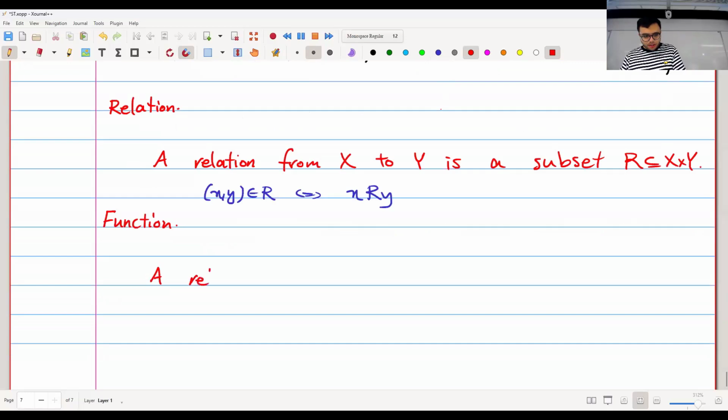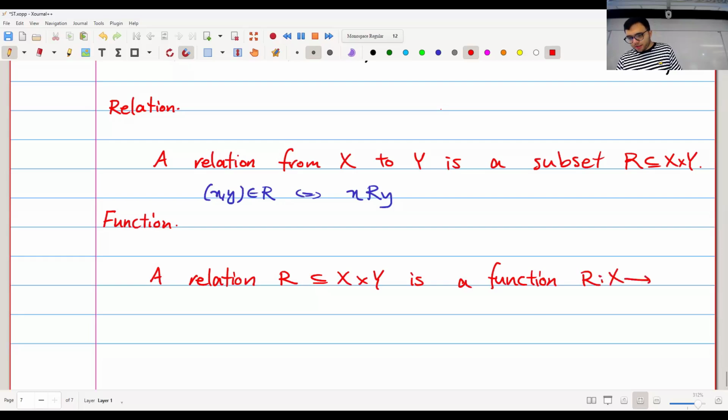So a relation R, subset of X times Y, is a function from X to Y, or we write it like this, function from X to Y, if basically for every x, there exists a y such that xRy.